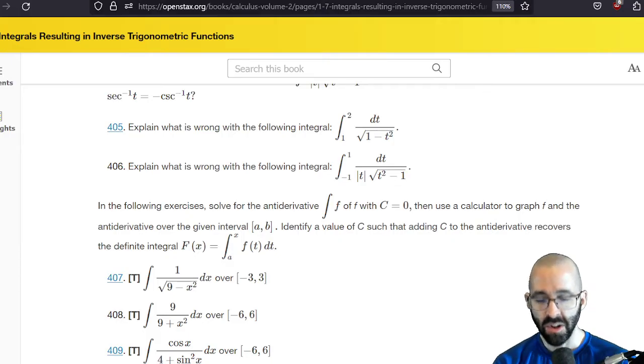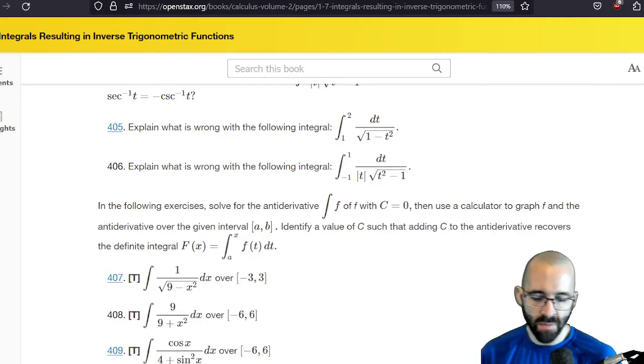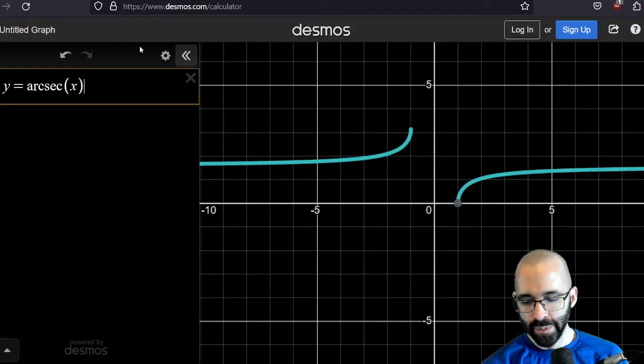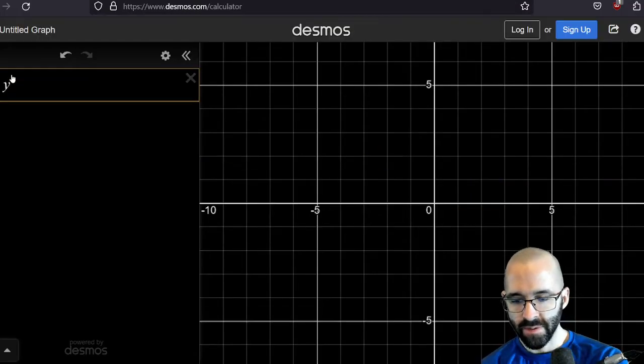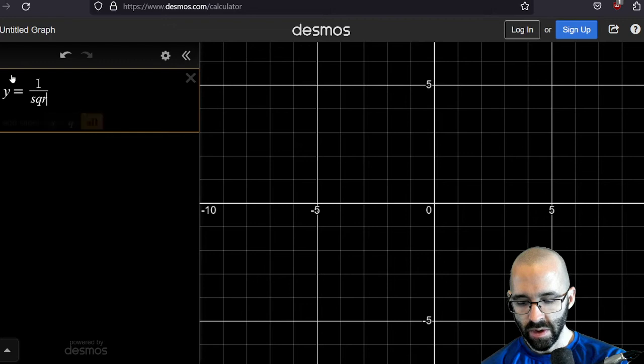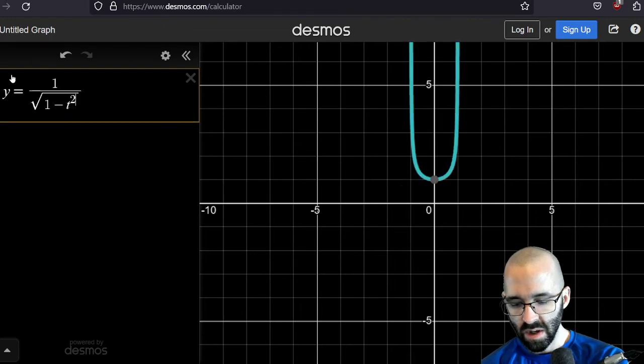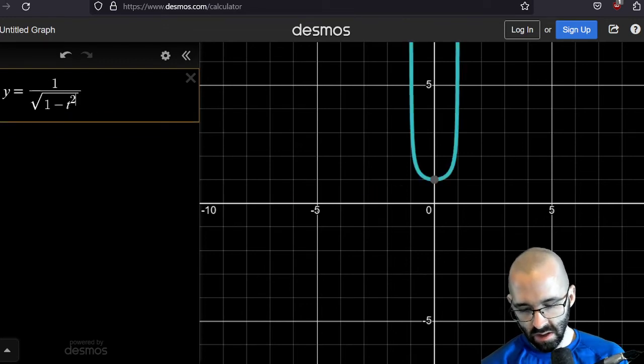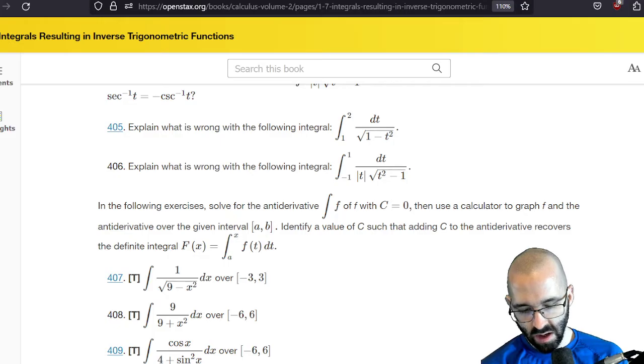One of the ways to look at this integral is the area under the curve of 1 over the square root of 1 minus t squared from 1 to 2. Let's look at that.